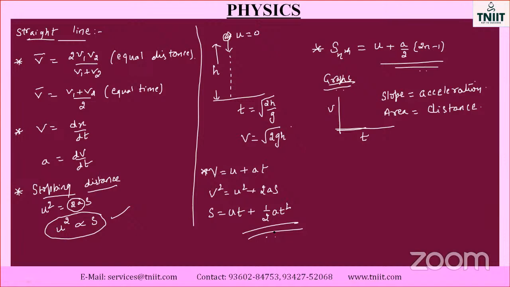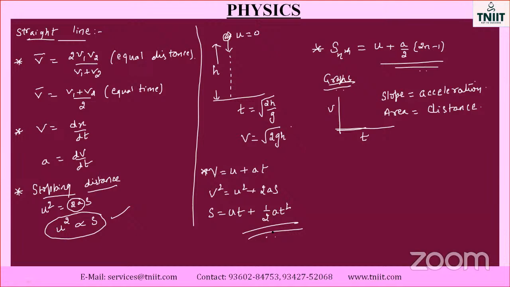Usually problems may occur with average velocities, or from the stopping distance, or may be asked in terms of the distance traveled in the nth second, or in terms of the velocity time graphs.